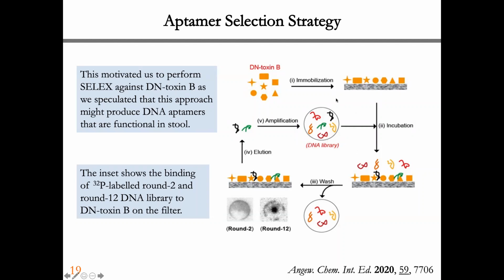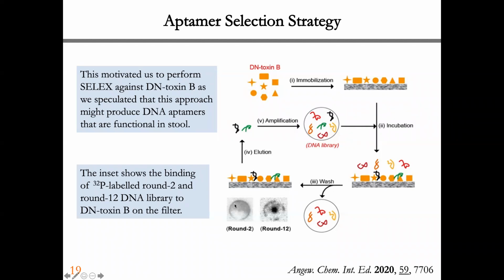Then we throw in our library, incubate it with this nitrocellulose paper, and wash to get rid of the ones we don't want. Then we take the paper, elute and heat it in water, and recover the DNA molecules that potentially bind to these fragments of toxin B on the paper. Then we repeat this cycle many, many times.